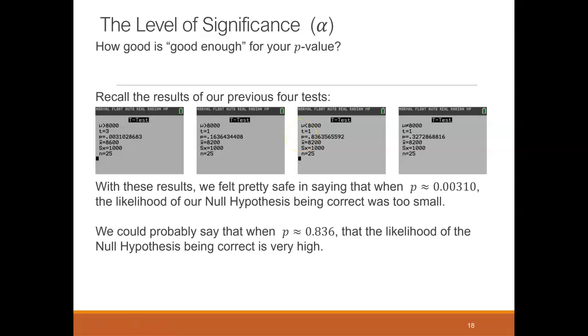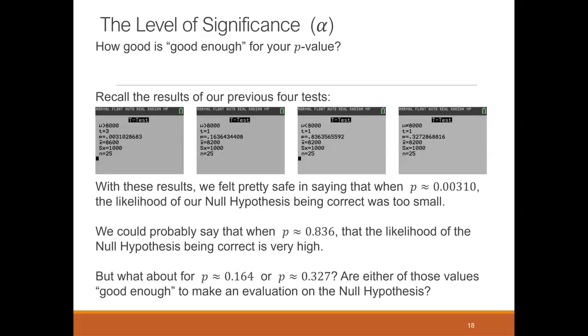Pretty sure that in that case, the alternative is wrong and the null is correct. But what about these guys in the middle? Is that a big number or not a big number? It's pretty far from 0, but it's still a long ways from 1. So we need some kind of standard to say what kind of probability is our cutoff here.